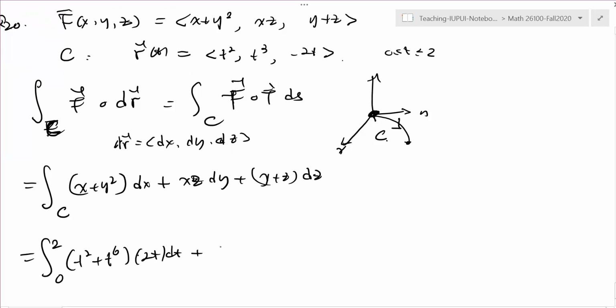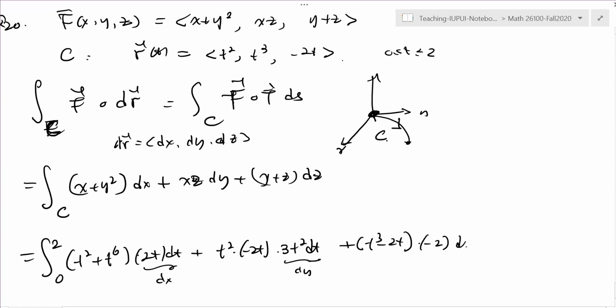For the second term, x is t squared, z is negative 2t, and dy is 3t squared dt. For the last one, y is t cubed, z is negative 2t, and dz is negative 2 dt.